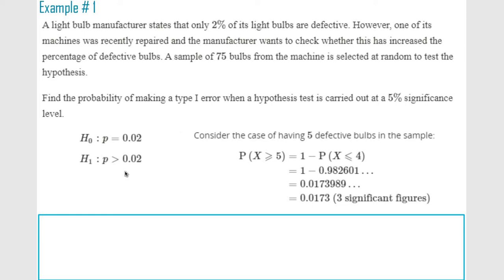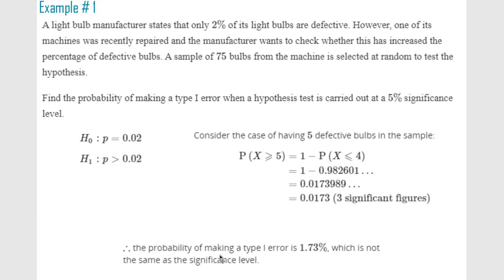Then I would have more than 2% light bulbs being defective. So I have to do 1 minus the probability of getting 4. When I do that, I get 0.0173. So the probability of that happening is 0.0173, and the likelihood of making a type 1 error is 1.73%.